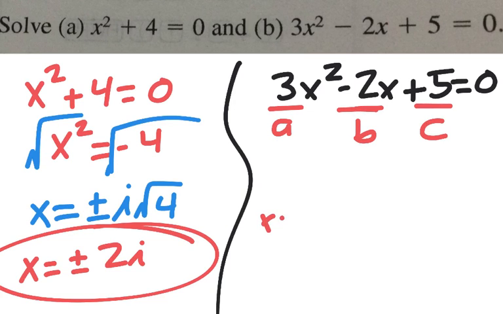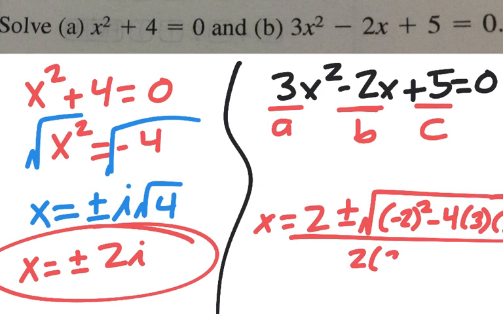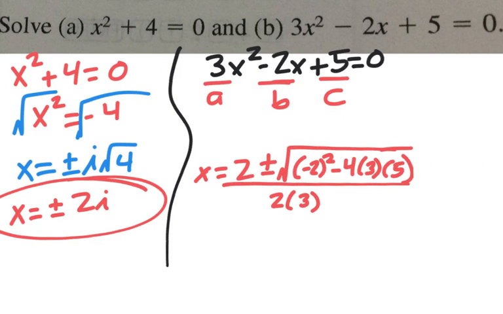So I go x equals negative B plus or minus the square root of B squared minus 4 times A times C, all over 2 times A. Now we're going to simplify.